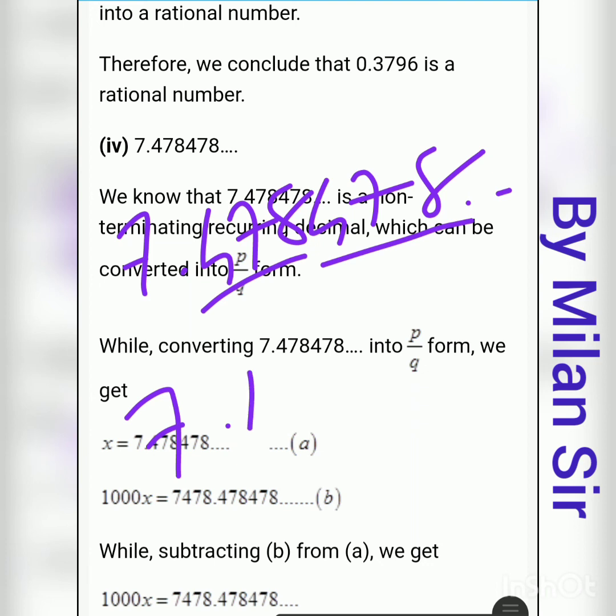We can also write 7.478 bar. It means that this is a non-terminating repeating decimal expansion. That's why this is a rational number.